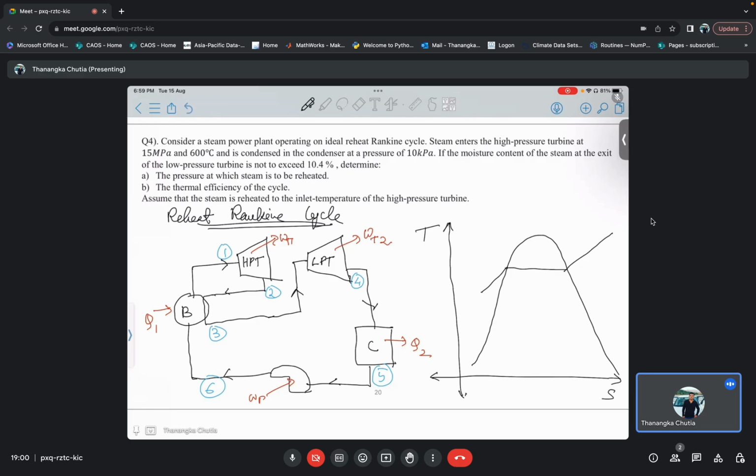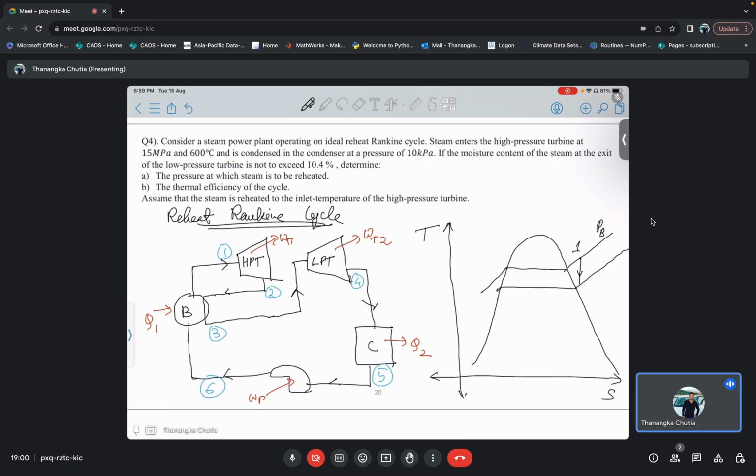Say this is my boiler pressure, P1. From point 1 to some intermediate pressure, the steam expands.